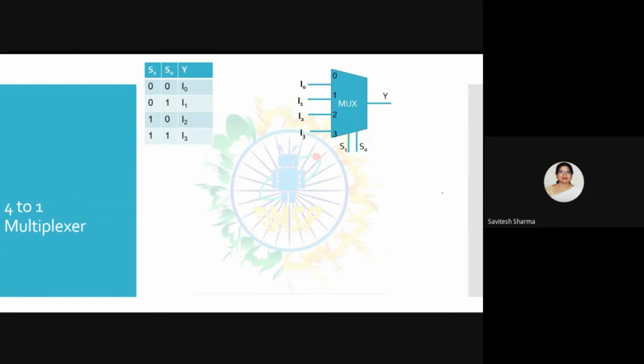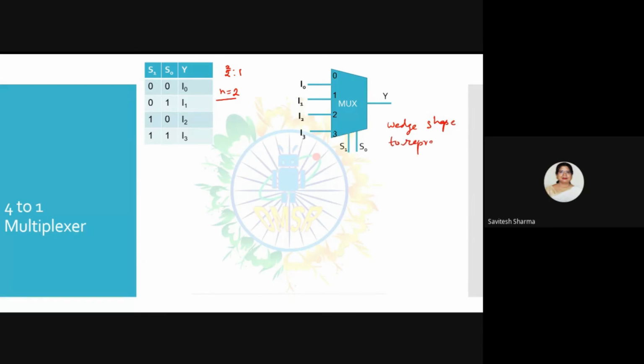Now come to the 4:1 multiplexer. 4:1 multiplexer means 2 to the power 2 is to 1, so N is equal to 2 here. In this case, you require 2 select lines. I am showing you here the block diagram of the mux. The wedge shape is generally used to represent the mux.